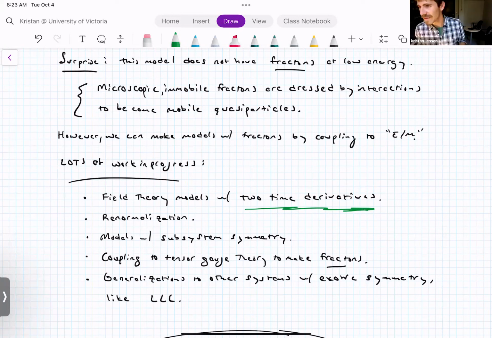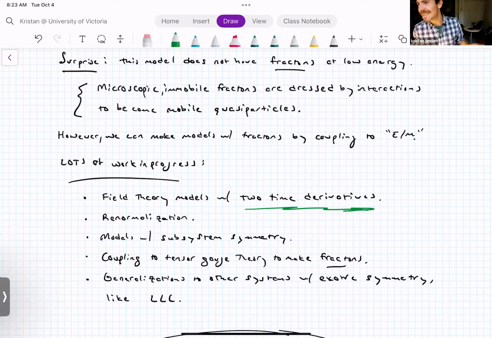There are some other things that you have to pay attention to. These quartic kinetic terms, to get a finite theory, those couplings have to be multiplicatively renormalized.